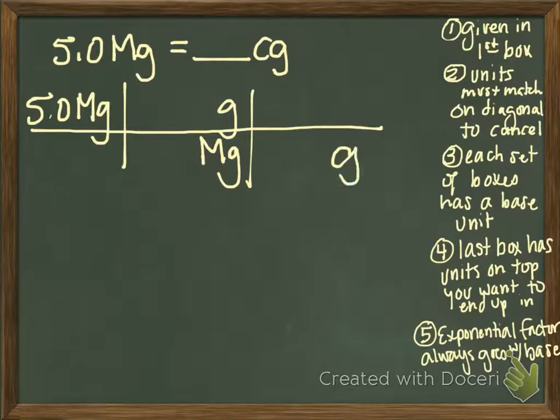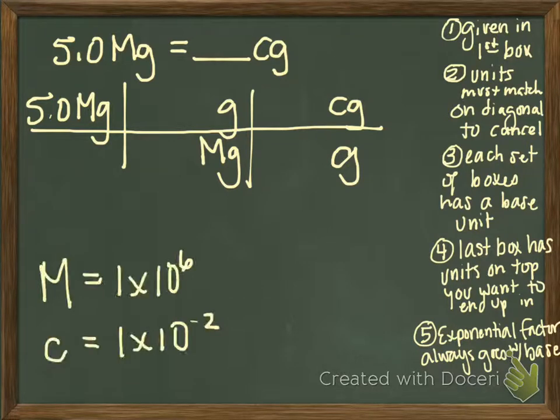So we know grams will be down here, and the last box has to have the units on top that you want to end up in. So that'll be centigrams. Okay, now we'll go ahead and put in our exponential factors. If you recall, the prefix mega corresponds to the exponential value 10 to the 6th, and the prefix centi corresponds to the exponential value 10 to the negative 2nd.